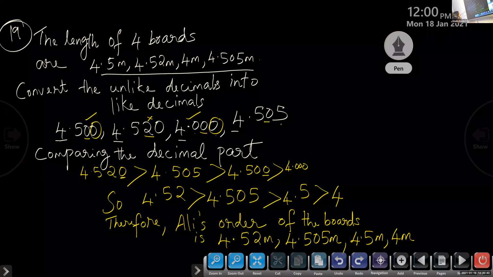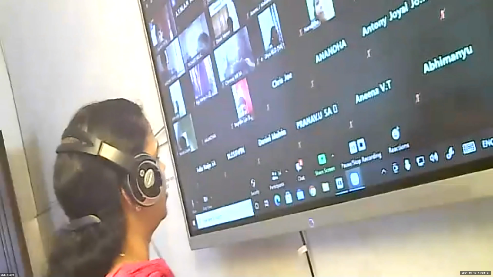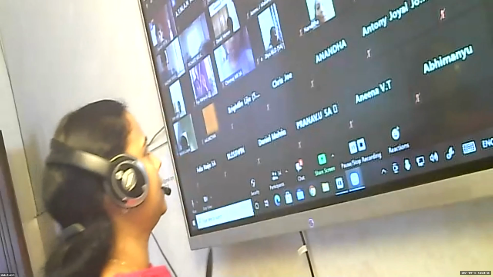Therefore, Ali's order of the boards is 4.52 meter, 4.505 meter, 4.5 meter and 4 meter. We can also arrange in the reverse order, shortest to longest. Completed, children?